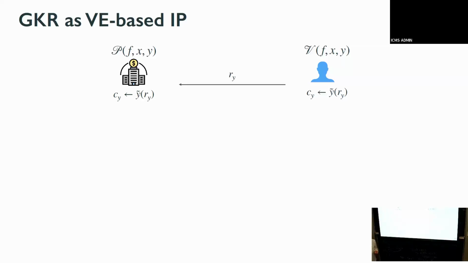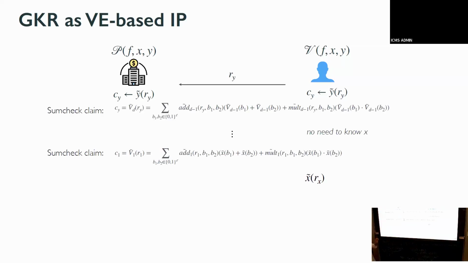and what about GKR? I'll be very fast because otherwise I don't have time to cover the rest. Essentially, you can think that GKR also starts by computing a fingerprint of the output with a random RY, and then you start a sum-check claim about this fingerprint of the output, and this is converted into some other sum-check claims about the intermediate layers, and it concludes with some claim about the fingerprint of the output of the first layer that you check against the multilinear extension of the input.